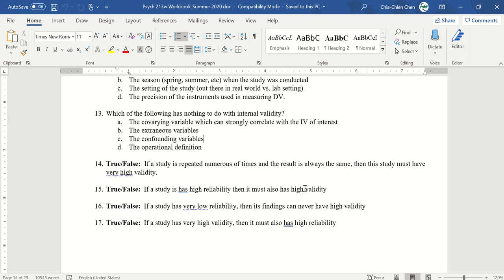So number 17, if a study has high validity, then it must also have high reliability. This is true, okay? So reliability is a prerequisite for validity. So imagine if every time I step onto the scale, it tells me I'm 150 pounds, I'm 150 pounds, and the third time I step on it, it tells me I'm 150.1 pounds.